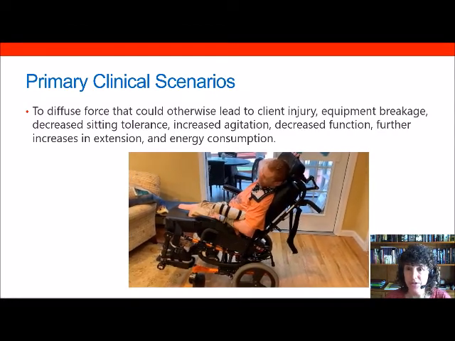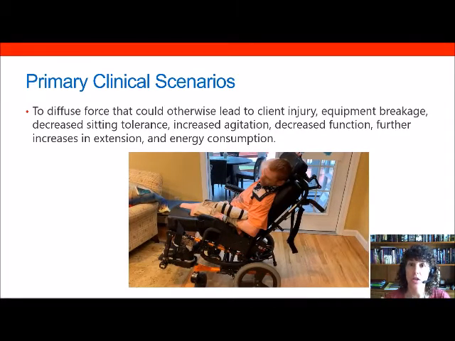We can decrease his agitation. We can increase function and reduce those additional increases in extension that occur when someone like this young man encounters a static surface instead of a yielding one as in dynamic seating, and we're reducing the amount of energy consumption that is occurring.